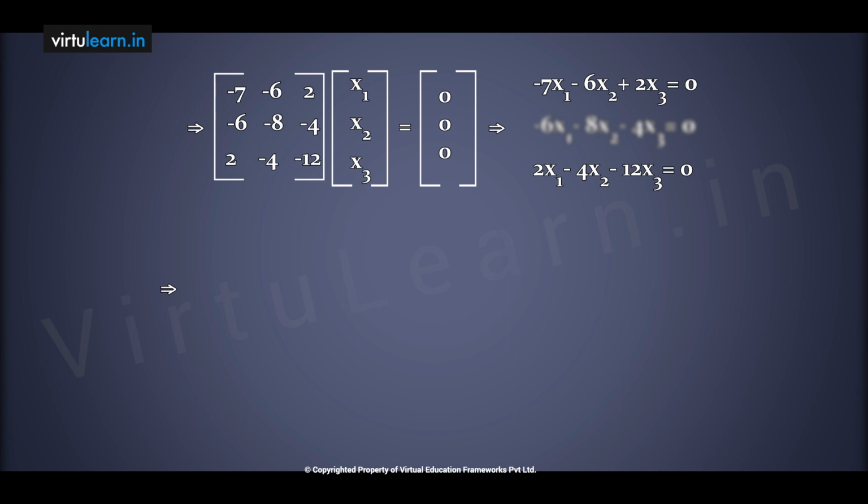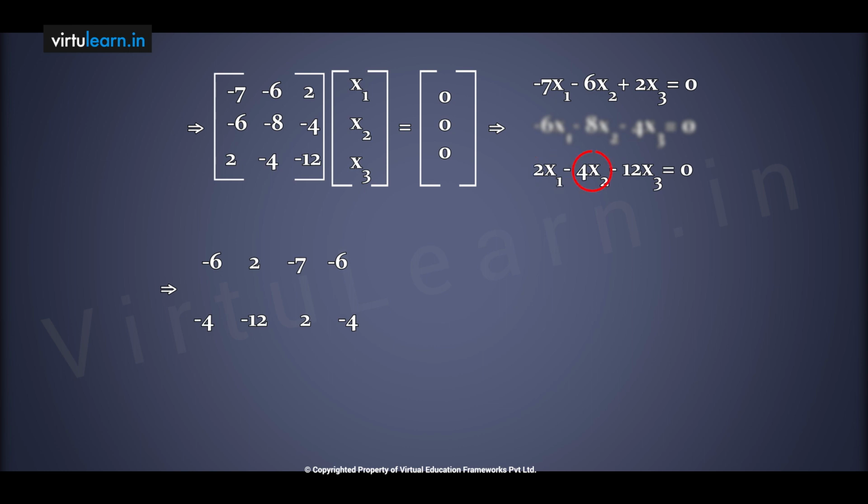Now from the first equation I am writing, again the same logic, the coefficient of x1 minus 7, middle term minus 6, next term 2. Again after completion of these three elements you write once again the first element minus 6. Now from the third equation minus 4, minus 12, 2, once again you write the first element minus 4.